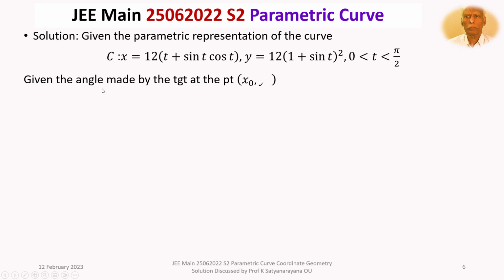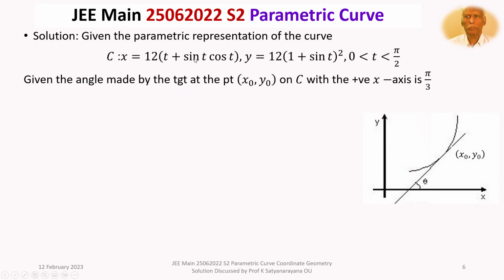We are given that the angle made by the tangent to this curve at the point (x0, y0) on C with the positive x-axis is π/3. So we have a curve C, and at (x0, y0) the tangent is drawn. That tangent makes an angle θ = π/3 with the positive direction of the x-axis.